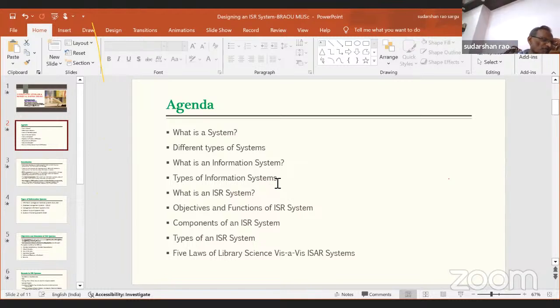There are different types of information systems. What are those different types? I think somebody will probably ask you what the different types of information storage and retrieval systems are.